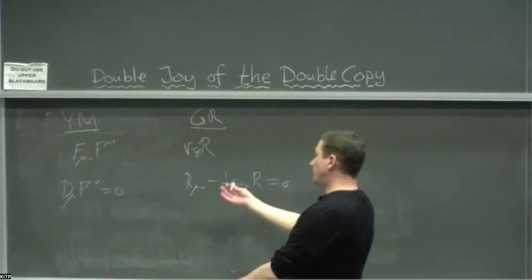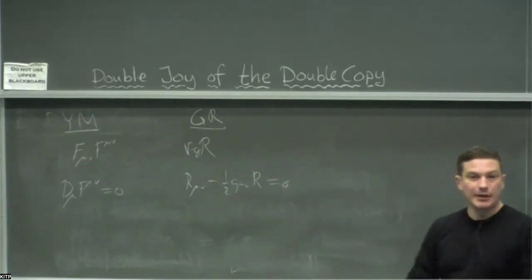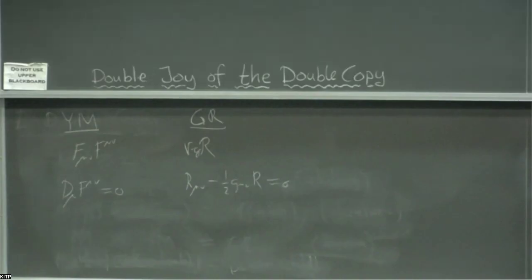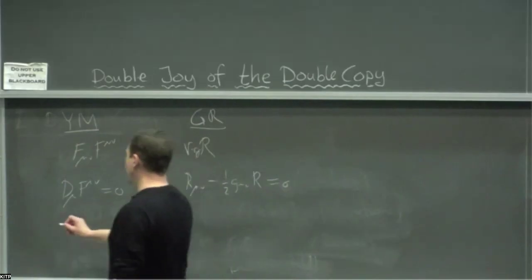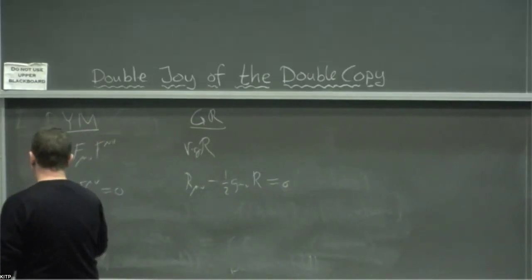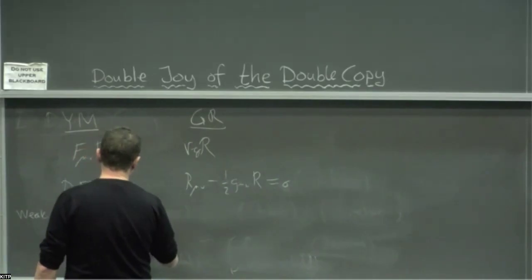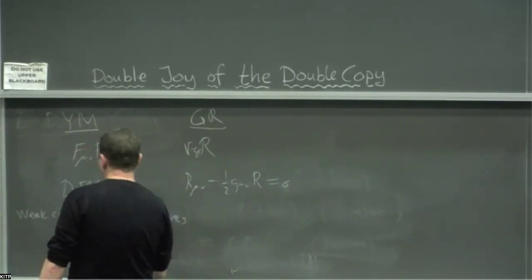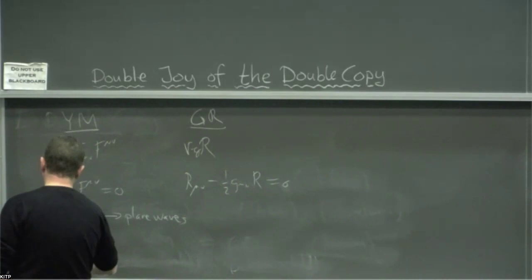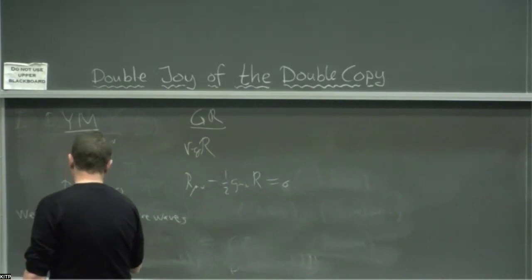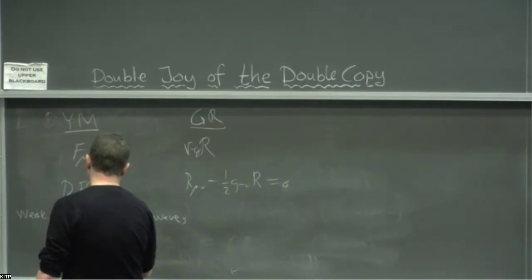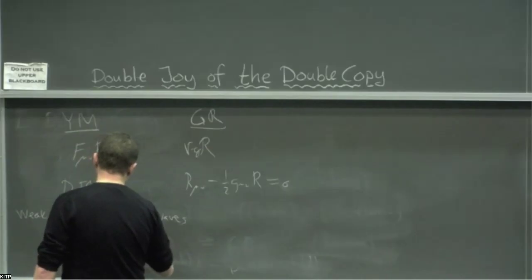But because they're both linear here, if I go to weak coupling and look at the very simplest solutions I can imagine, which are plane waves, the plane waves are actually very similar. So if I go to weak coupling, plane waves, then of course the solution is just that the gauge field is some color factor, some polarization times e to the i p dot x.